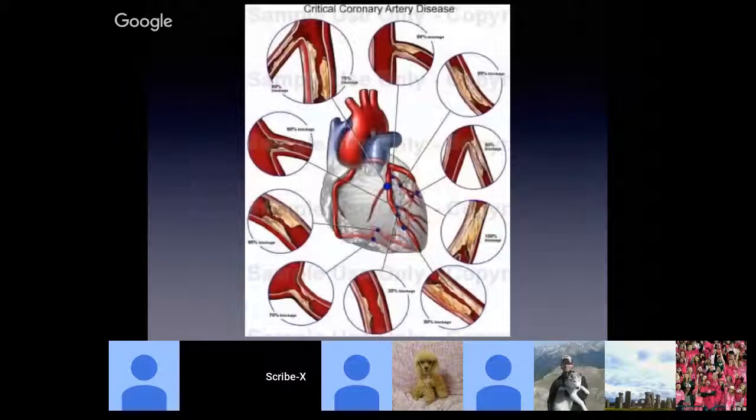And what is coronary ischemia? So we've all heard about cholesterol and cholesterol plaques. What happens is these calcified plaques develop in the coronary arteries, and over time they grow and grow, and most of the time they cause no problems.